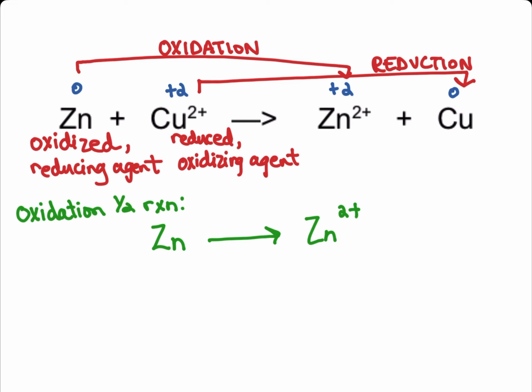So we have one zinc on the left, one zinc on the right. That's good. On the left side of the reaction, we have a total charge of 0. There aren't any charges. And on the right side, we have a total charge of 2+. We need to balance the charges out with electrons. I need the 2+ to somehow equal 0.